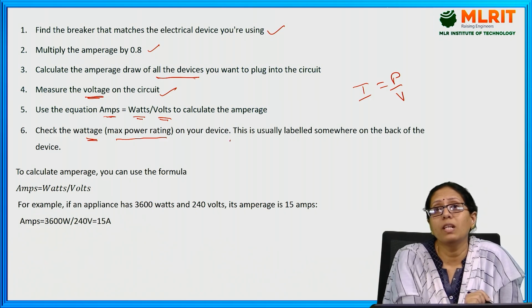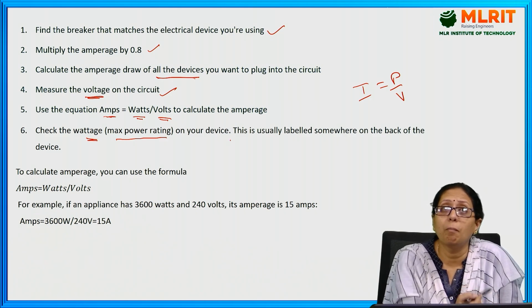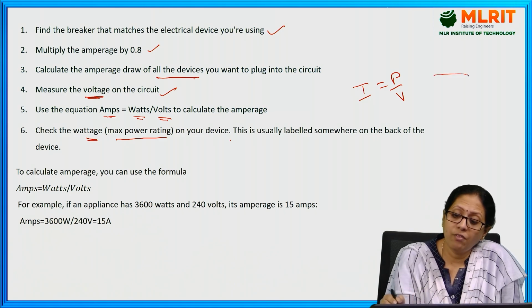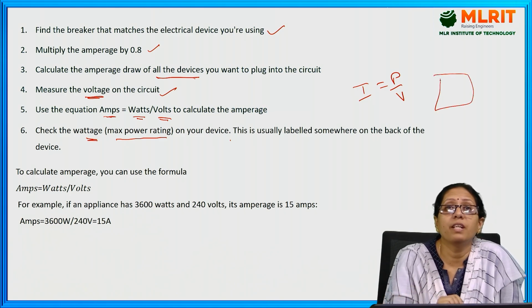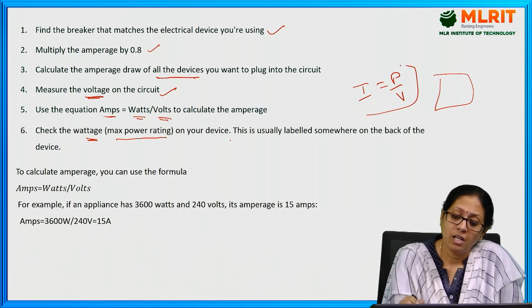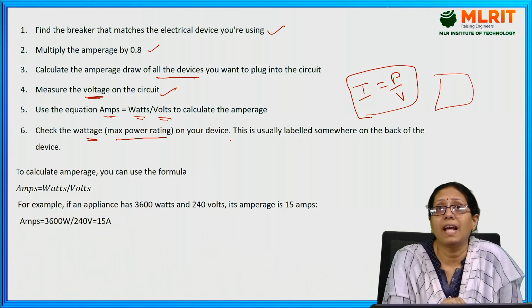This is usually labeled somewhere on the back of the device. For each and every board, the amperage rating is displayed on the block after doing the calculations.